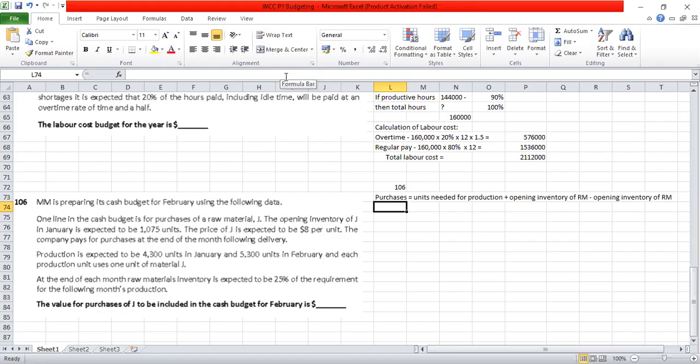Then opening inventory. Opening inventory should be the closing inventory of January. We do not have the details. We just have the opening inventory of January, not the closing inventory of January.